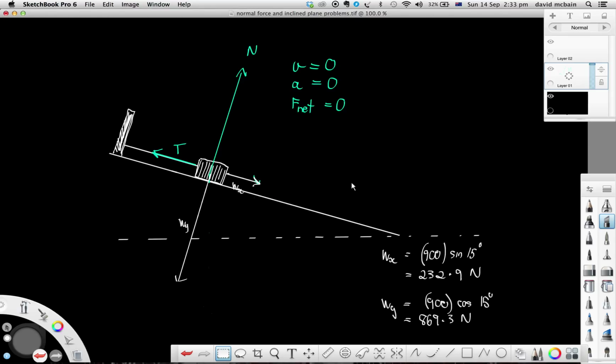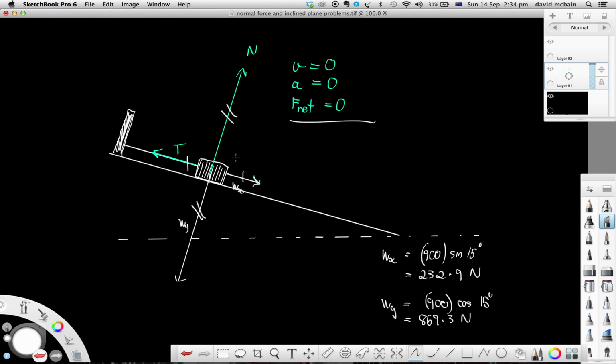Now, what does that tell me? You can see now that if the net force has to be 0, which it does, that means that that force must be cancelled by that force, and this force must be the same as this force.